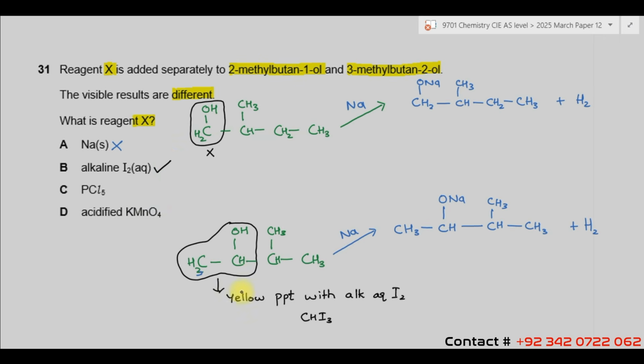So we have yellow precipitate and we do not have any yellow precipitate, so it is visibly different.